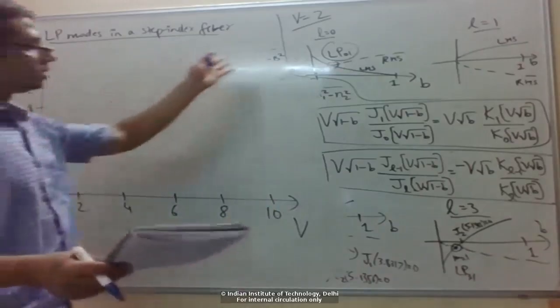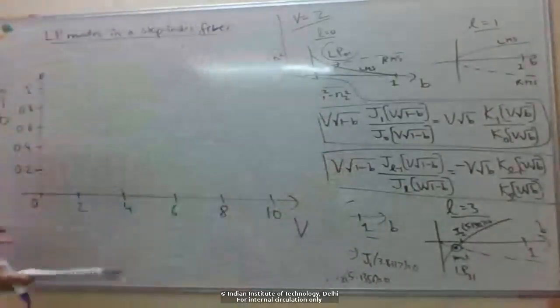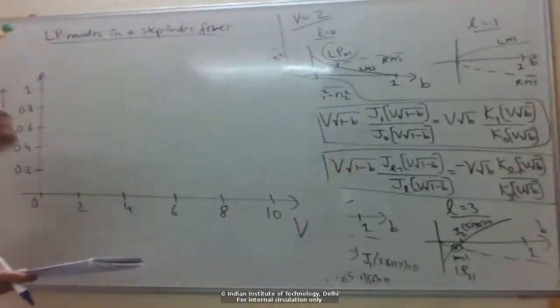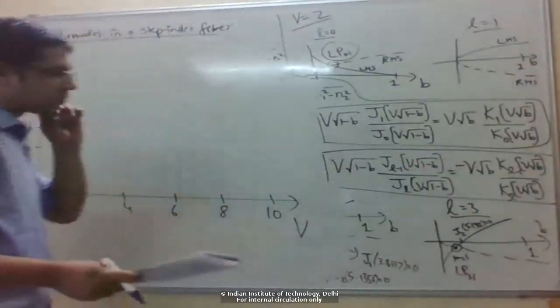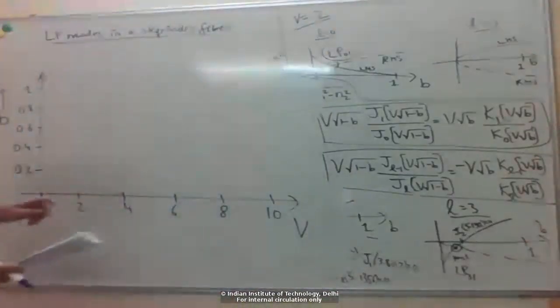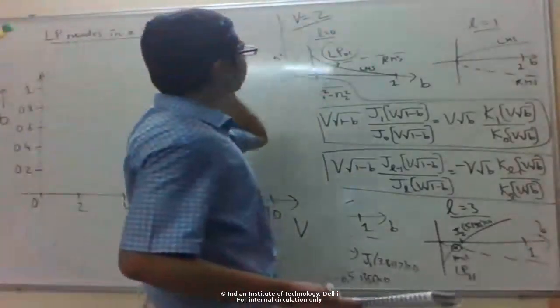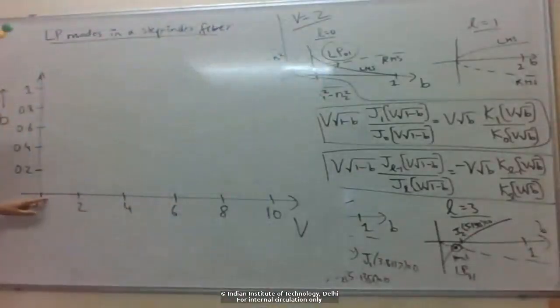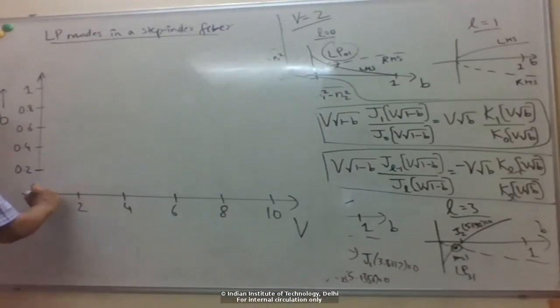And now from these solutions, we can take each mode and see how the B varies as we change V. So for example, LP01 is the first mode which exists, so that always exists, as we see here, for any V value. Even for very small V values, the mode starts existing already from any V greater than 0. So if you plot LP01, it looks like that.